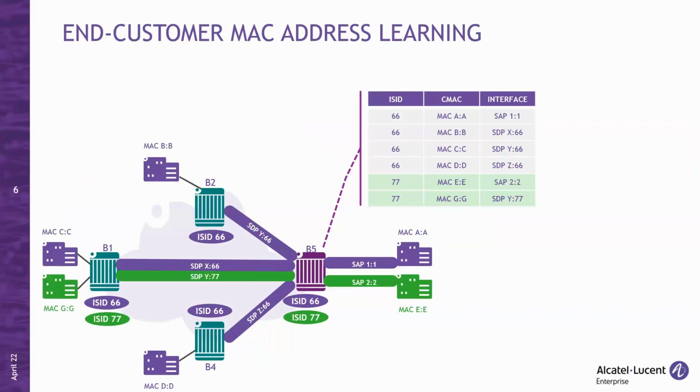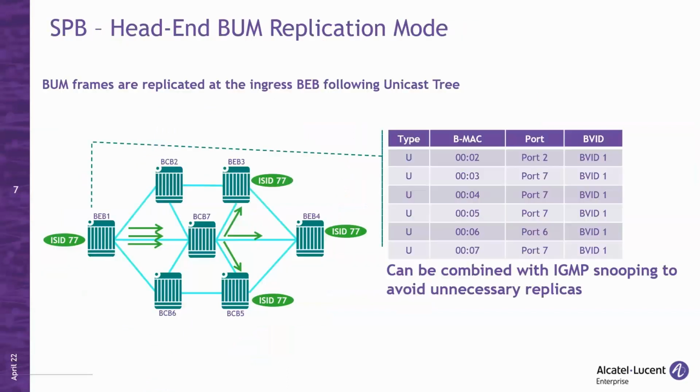And this only happens on BEB nodes and not on BCB nodes. This binding of customer MAC addresses to SAPs and SDPs does rely on flood and learn, similar to what happens on a standard Ethernet switch. The difference is that this is not exactly flooding. Let's see how BUM traffic is replicated on a BEB node.